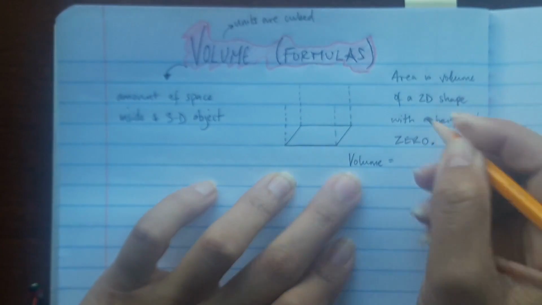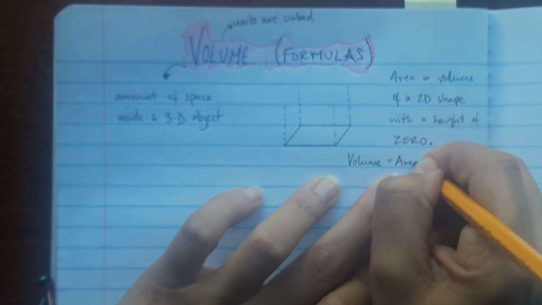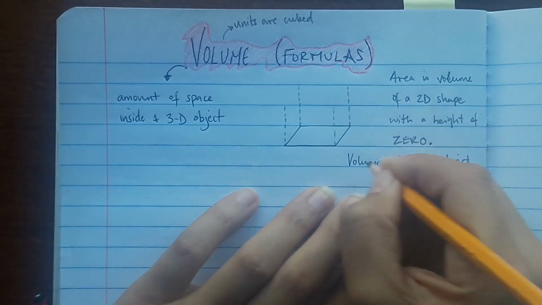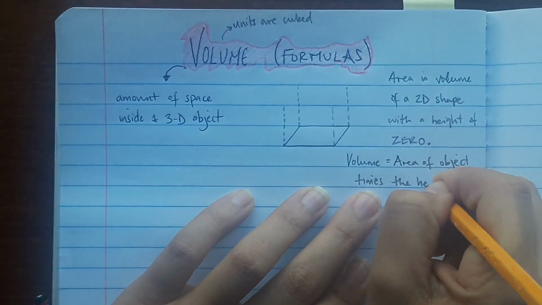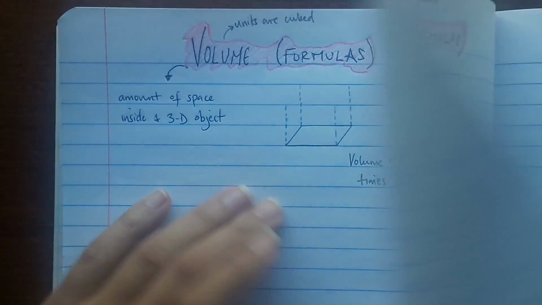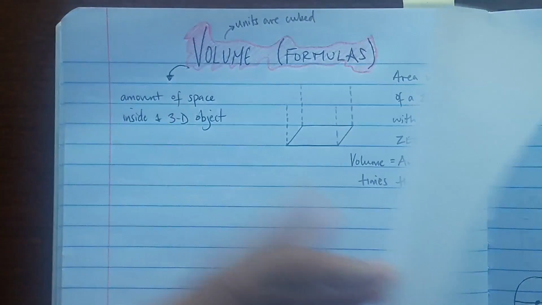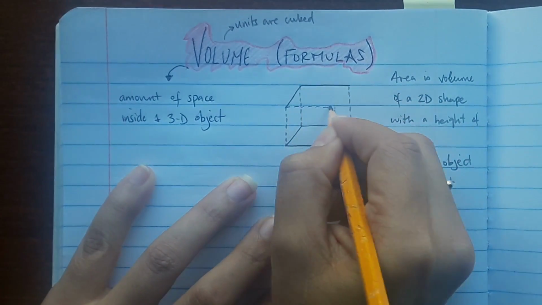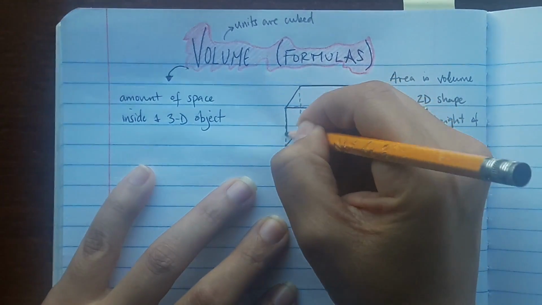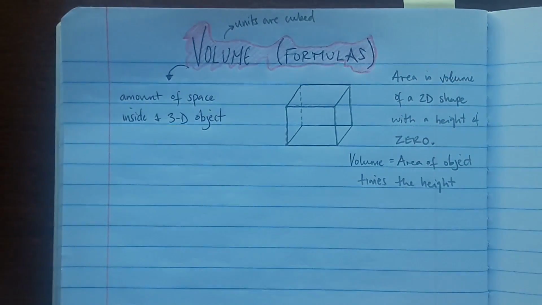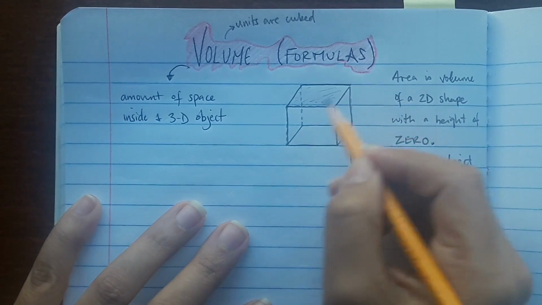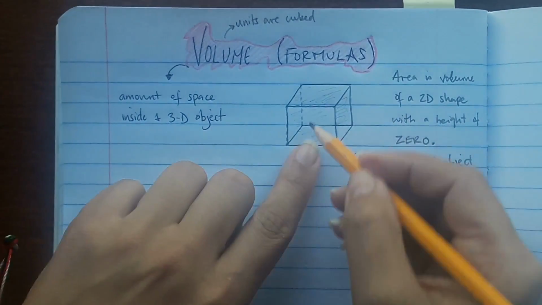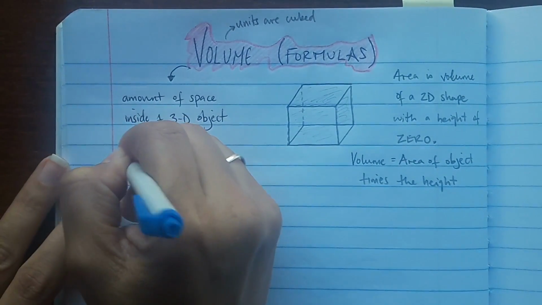So volume is the area of an object times the height. So again, 2D versus 3D. Volume is the amount of space inside that object.